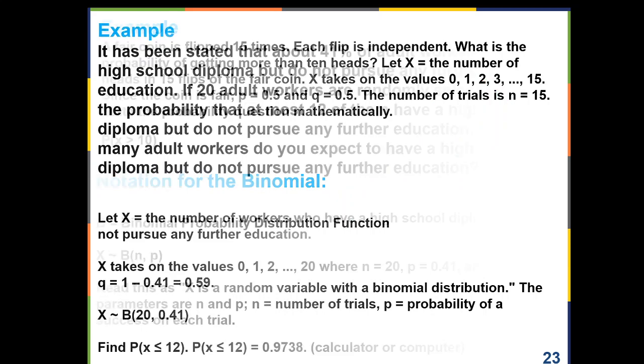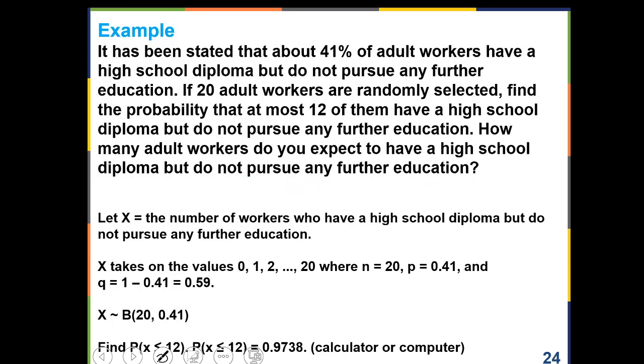So here is an example. It has been stated that about 41% of adult workers have a high school diploma and they're not interested in further education. If 20 adult workers are randomly selected, find the probability that at most 12 of them have a high school diploma.